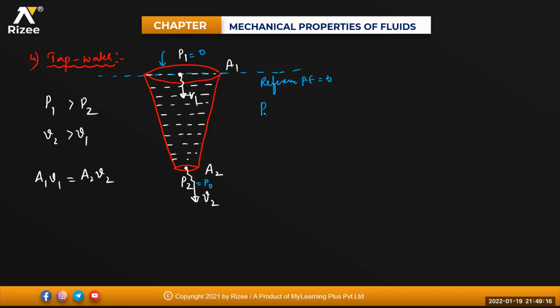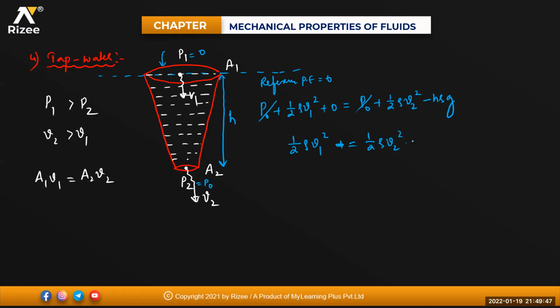So I can write here P0 plus half into rho into V1 square plus potential energy 0, that is equal to P0 plus half into rho into V2 square minus, with respect to reference, the height of this one is say H. H is below the reference, so it is a negative H rho into G. This P0 will get cancelled, so half rho into V1 square is equal to half rho into V2 square minus H rho into G.